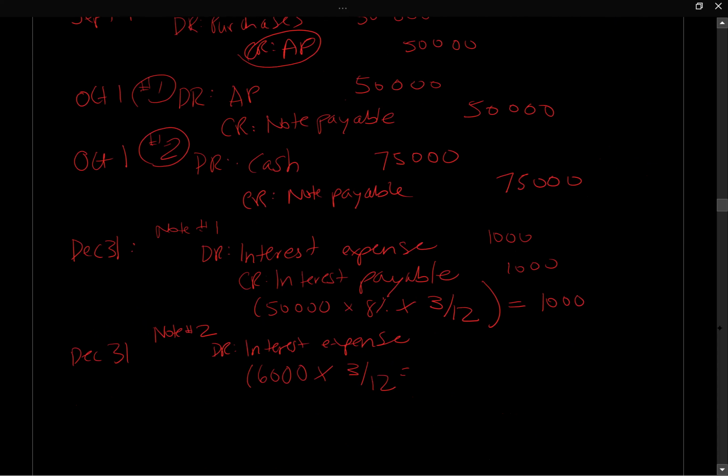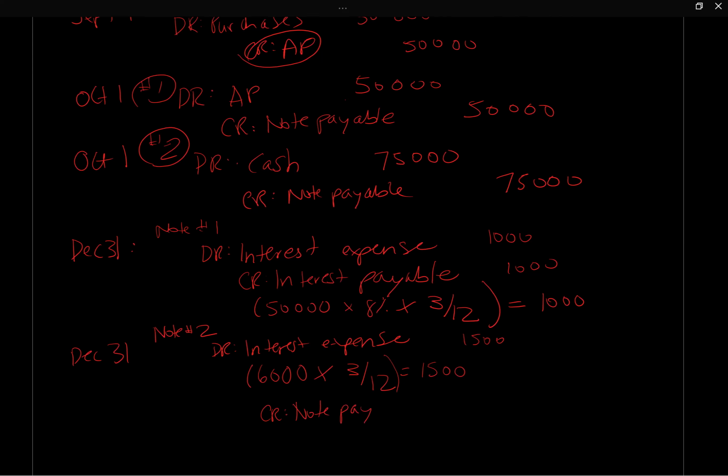So that is going to give us 1,500. And the other side of it doesn't go to interest payable because it's a zero interest-bearing note. It actually increases the face value of the note. So that's going to be our other side there, 1,500. Okay, so we've got all the adjusting entries done.